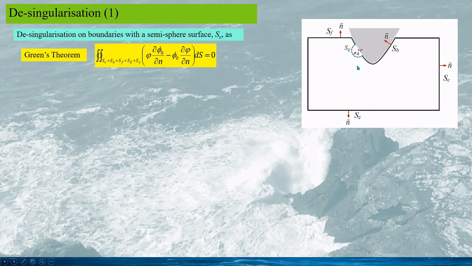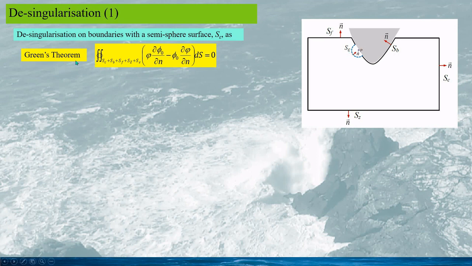For the point P, we can construct a small semisphere S epsilon to exclude the point P, so the volume would be enclosed by the control surface, the body surface, free surface, and the seabed, as well as the semisphere S epsilon.